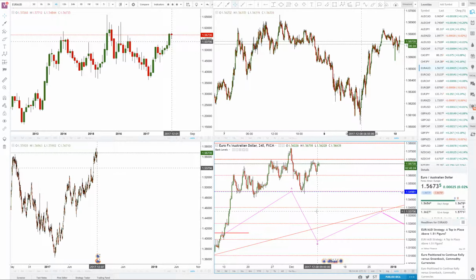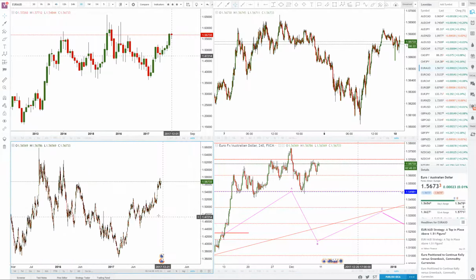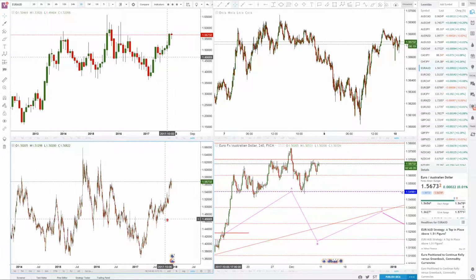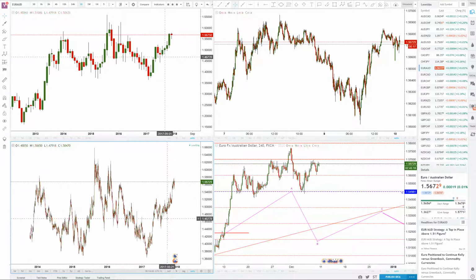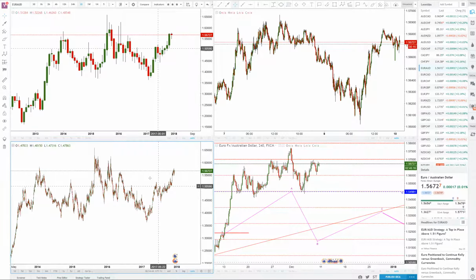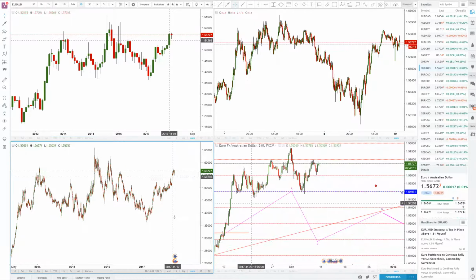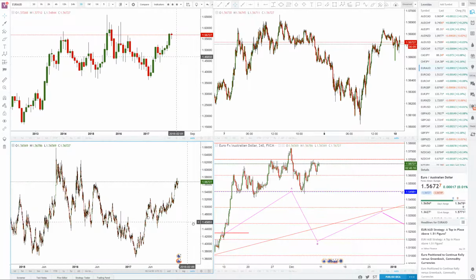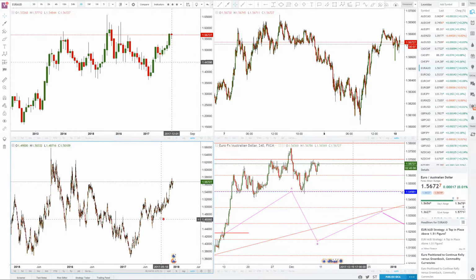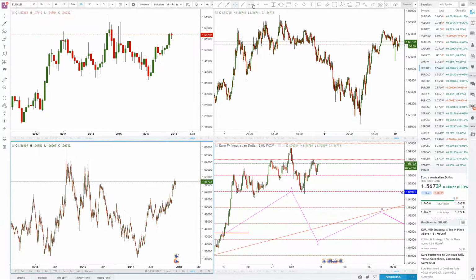EA was saying it's going to go up, and it looks like it wants to test these highs, so we're just going to let it do that, and just going to put a line up there somewhere as a target, like so.